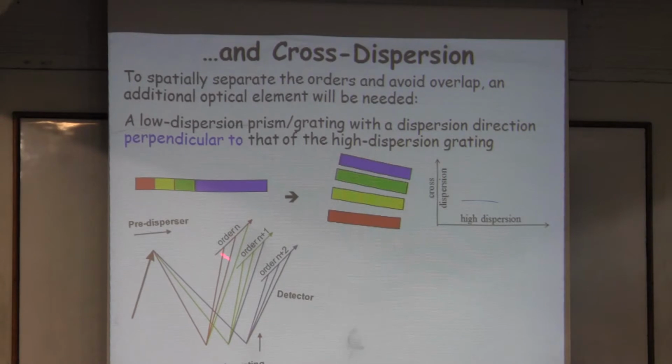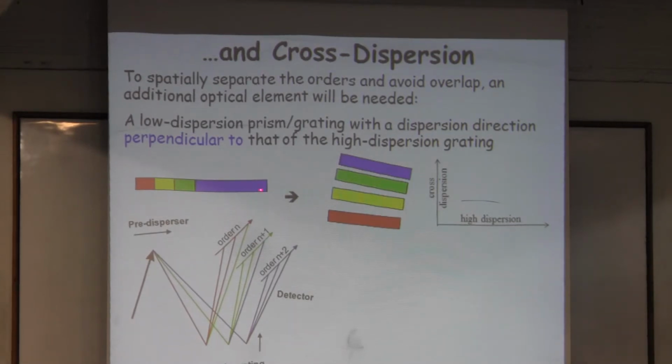And so your red order would be from here to here, and it overlaps with the yellow order from here to say here. Then the green order, they're all the same length, would be from here to here, and the blue order from here to here. And you want to separate them, because they all coincide, they lie on top of each other.